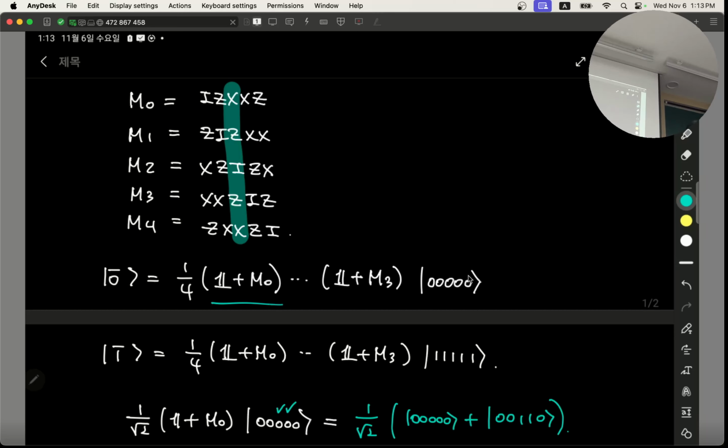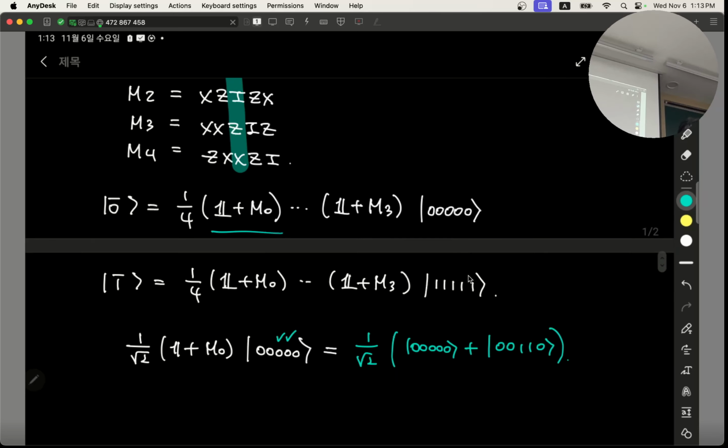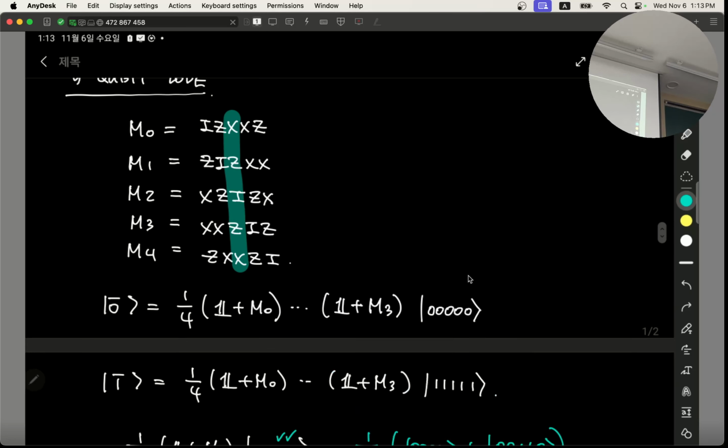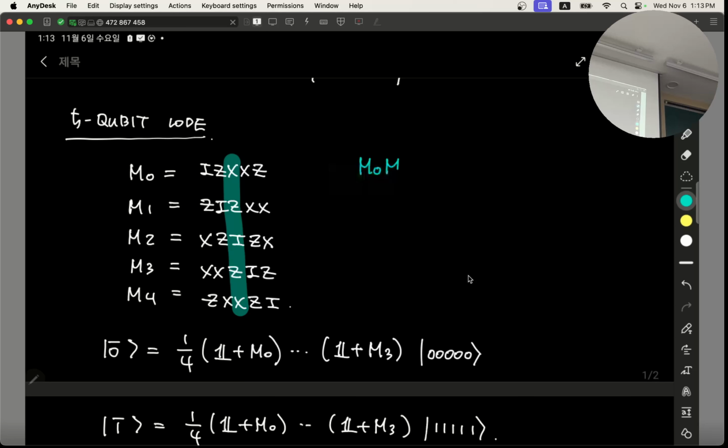And actually you can change the order of the multiplication. So look at the Mi's here. If you look at M0 and M1, what happens is you have ZX and XZ on the first qubit and third qubit, right?